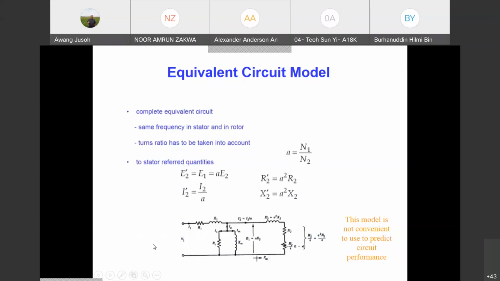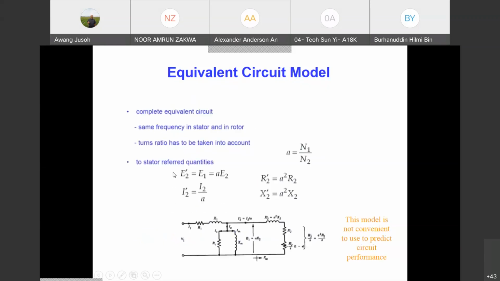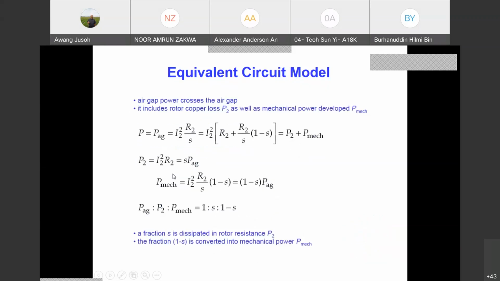This is the formula for the air gap power. Air gap power PAG, as we did before, is the power that we transfer from the stator to the rotor. So it equals I2 squared R2 over S, and this R2 over S can be broken into these two parts. This equals P2 plus P mechanical. P2 stands for the rotor copper loss, equal to I2 squared R2, or S times PAG.